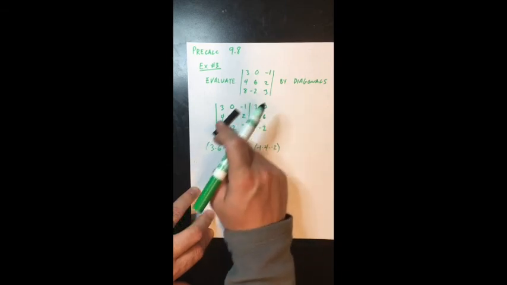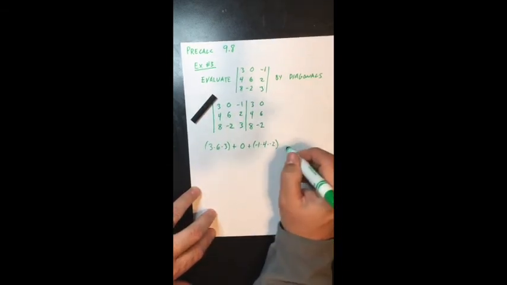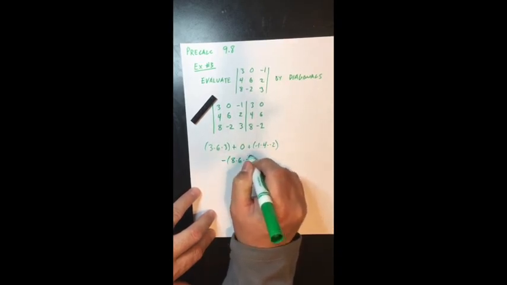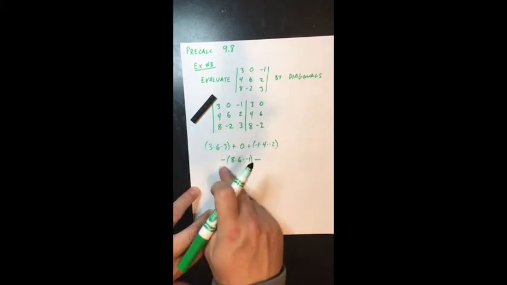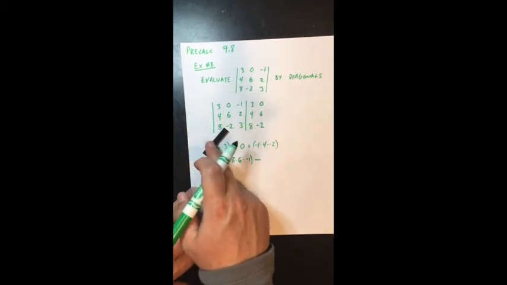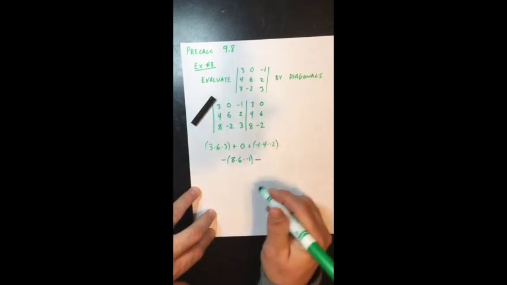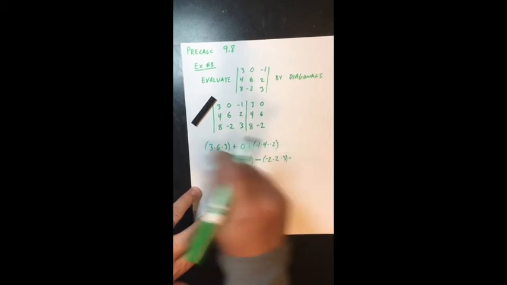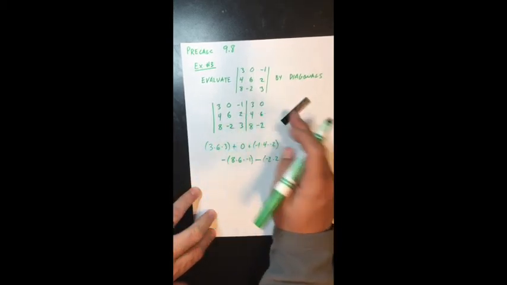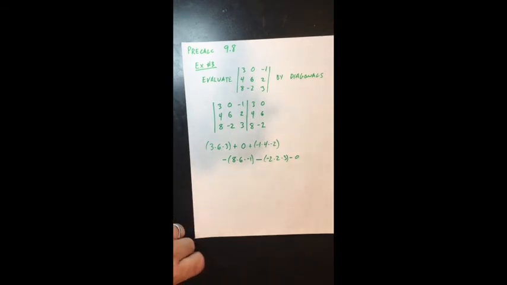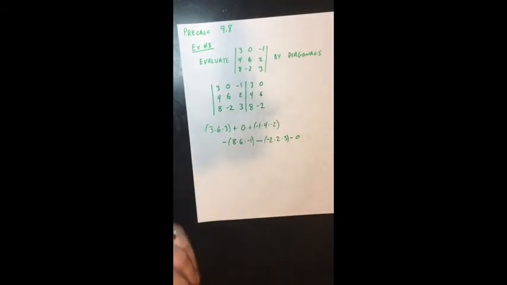The first one is 8, 6, -1. We add the first 3 and then we subtract these 3. Next is -2, 2, 3. And lastly we have 3, 4, 0, which is just going to be another 0. That's how we set up our diagonals.